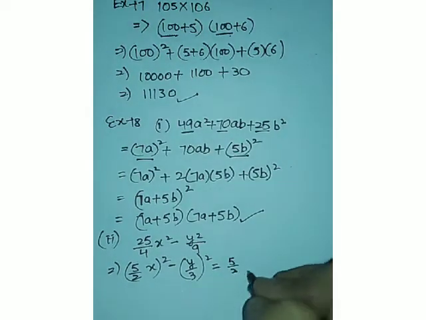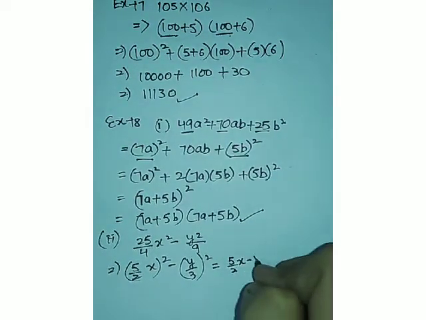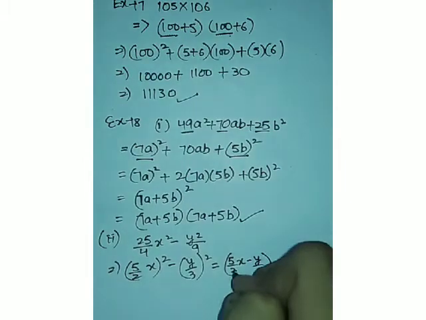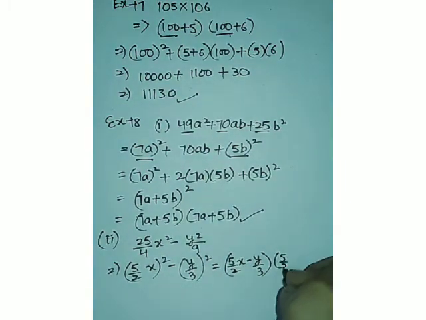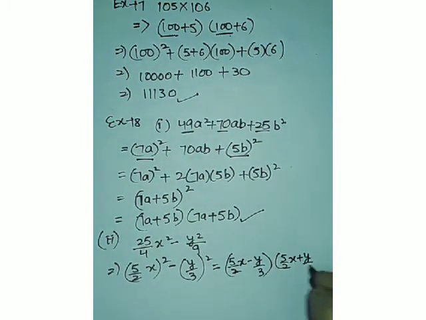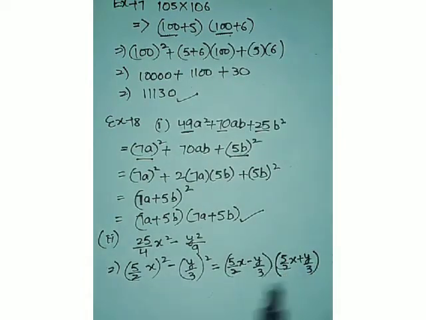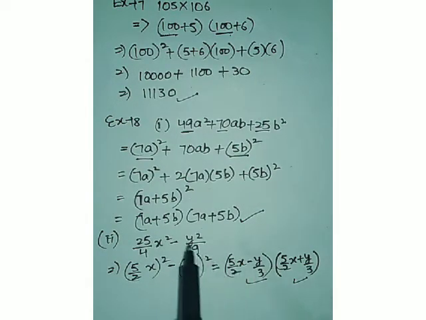It means 5 by 2 x minus y by 3 and 5 by 2 x plus y by 3, right? It was the result: a minus b and a plus b, or x minus y multiply x plus y. So these are the factors, and you have successfully factorized the given term using identities.